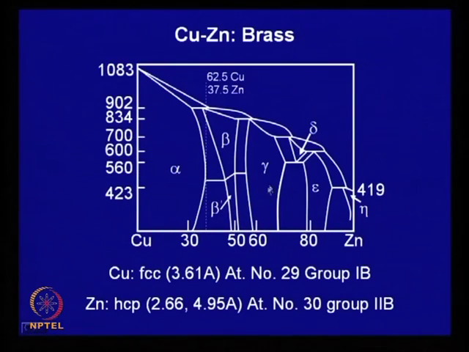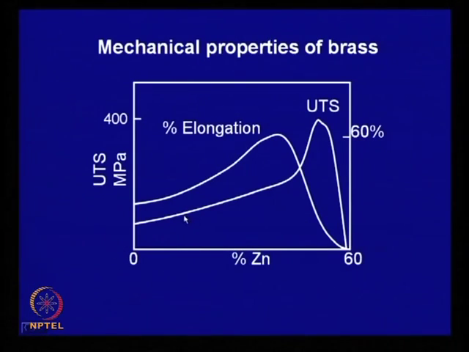You add more zinc, you get another intermediate phase gamma, you add even more, you get another intermediate phase which is called epsilon, and ultimately the terminal solid solution, the zinc rich solution, which is eta. So, you have several intermediate phases in between, and amongst brass, the common brass which is used is known as alpha brass.